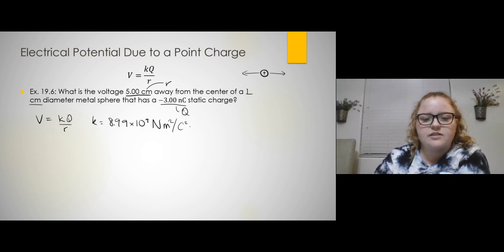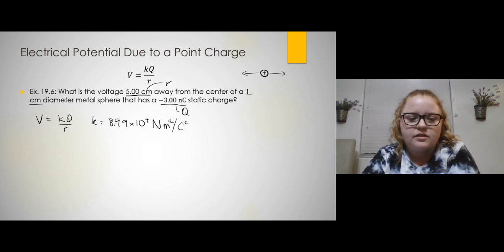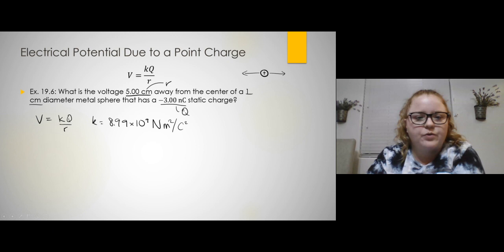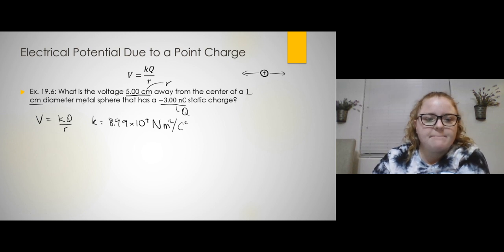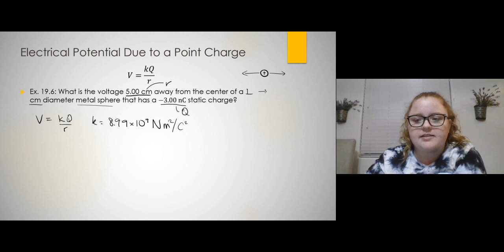Okay, so this is that constant. Then we can just plug in. We are treating this metal sphere with this very small diameter as a point charge.